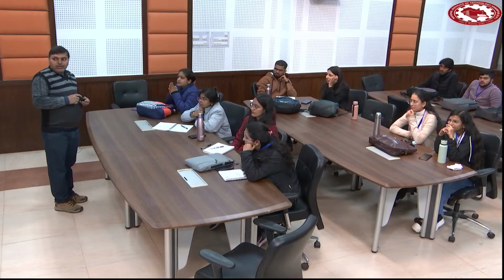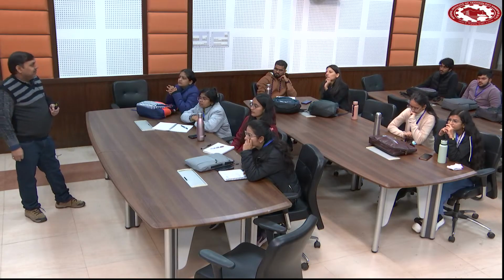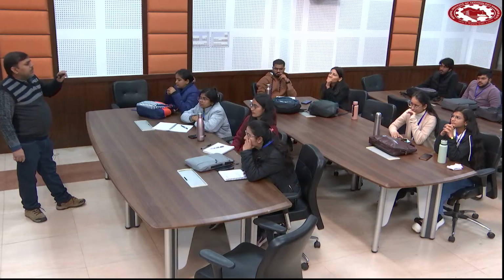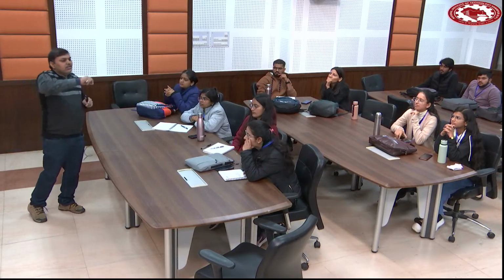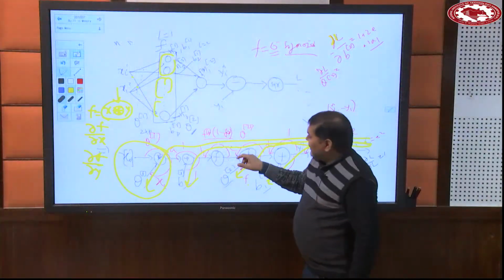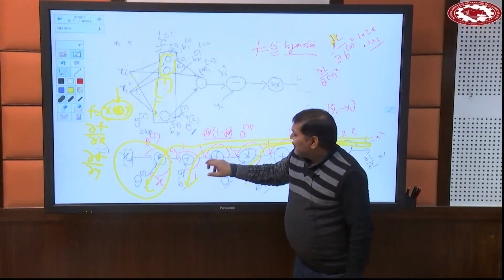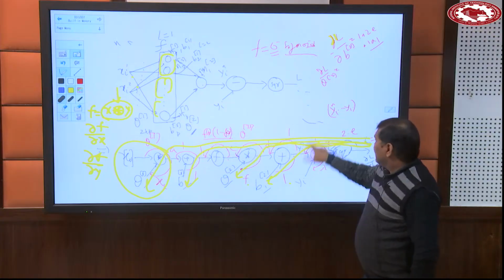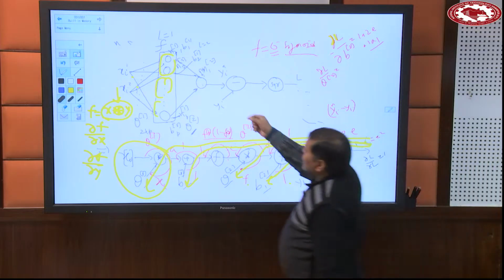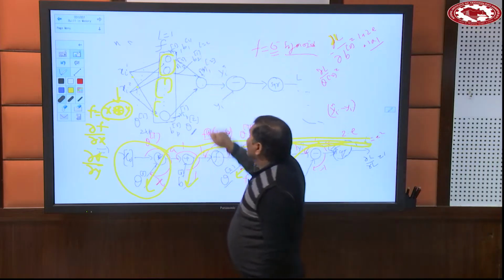Okay. So how can you avoid it? You just short the connections. That is called a residual network. You say that every alternate step, or every two steps, you short the connections. You send this input to here. You know that the problem is coming here, so you make the connection, short it.